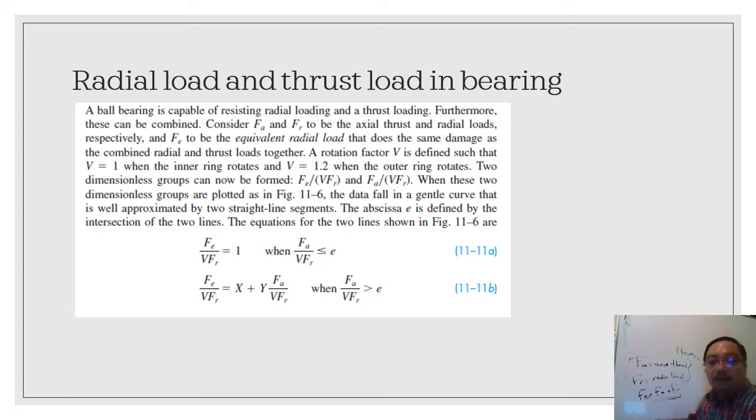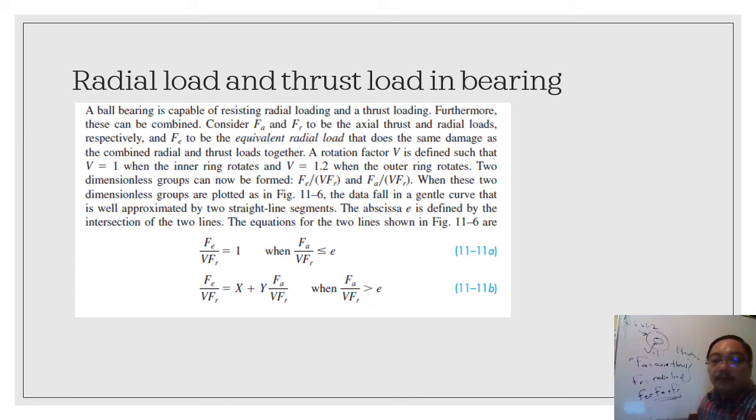Then the rotation factor V is defined as such. V equals 1 when the inner ring rotates, and V equals 1.2 when the outer ring rotates. Remember, I told you that a bearing has an inner and an outer ring. So V equals 1 for the inner ring and V equals 1.2 for the outer ring.